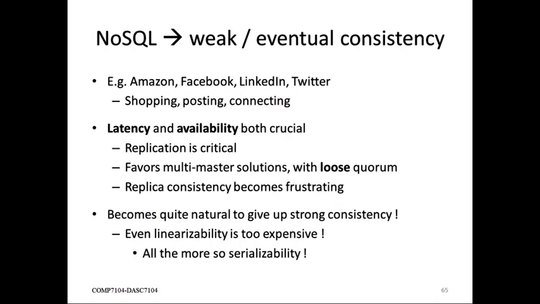And it may come as a surprise, but often in systems supporting major web applications such as Amazon, Facebook, and so on, this may be considered fine, an acceptable loss, in order to gain in efficiency, in latency in particular, and availability.